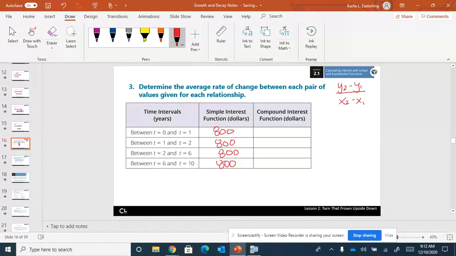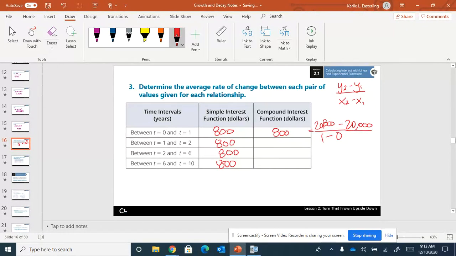X is t here, so for this first equation, you are looking at 1 minus 0, and your y2 and y1 are actually on your original table, so if you look back, it's that original $20,000. Oh, sorry, that would be y1. That's your 0. You start with 20,800 minus 20,000. And for here, when you plug this in the calculator, hopefully you got 800.